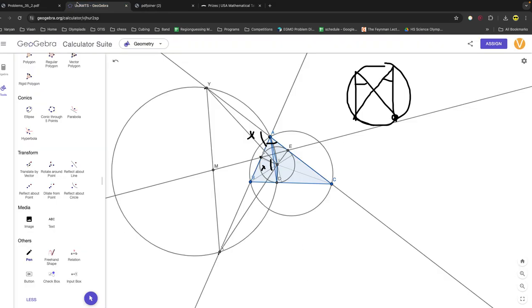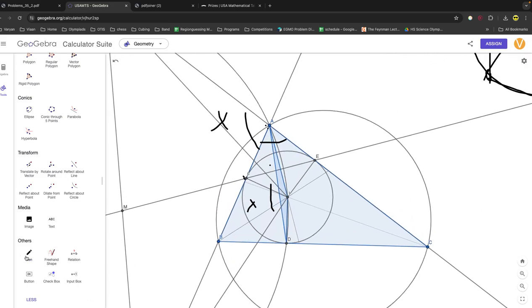So since AI is the angle bisector, can I zoom in? Yes, I can. So we drew AI here earlier, right? Basically the in-center is the intersection of all three angle bisectors of the circle.